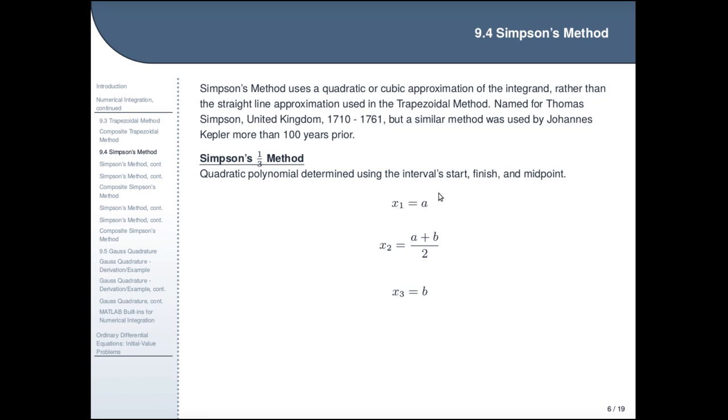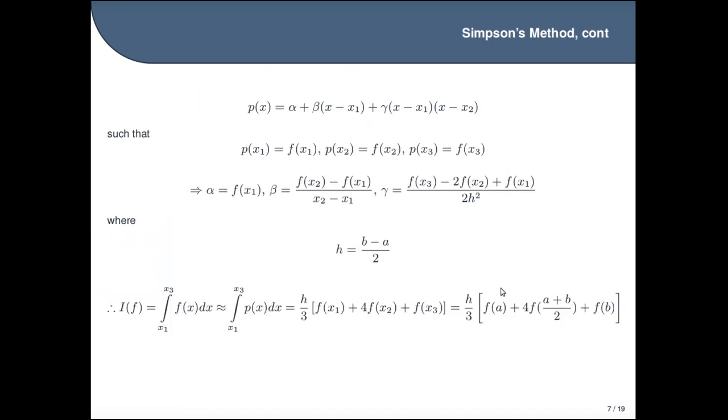So we have first an x1 at the start, that's a, the start of our interval in question. The point in the middle, which oddly enough is computed just as the average of a and b, and the point at the end, which is b. From those points, we generate a quadratic equation, generally termed p of x.